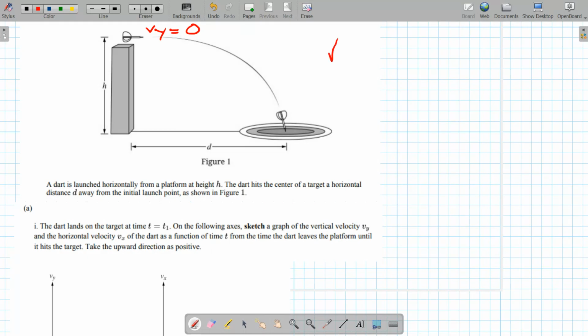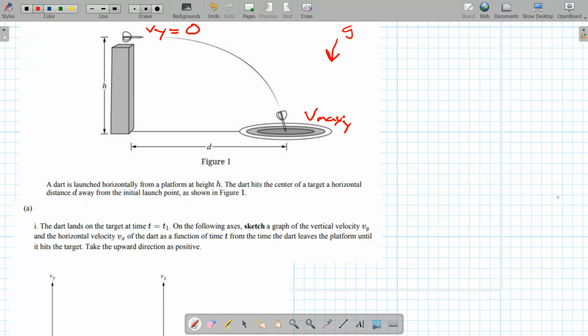Gravity is going to pull it down, right? And then it's going to be the maximum Y velocity just before it hits the ground, right? But now it's also going in a negative direction.